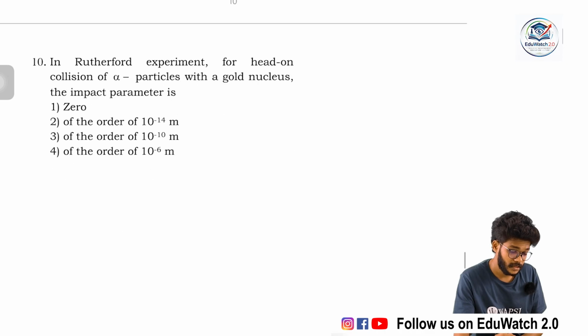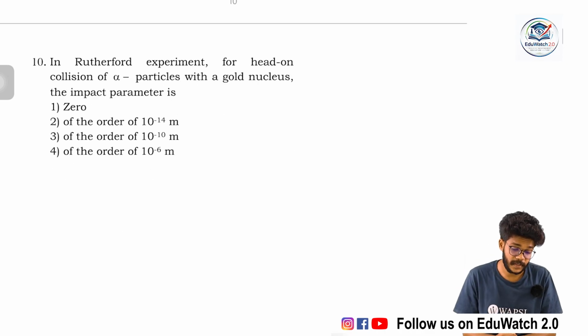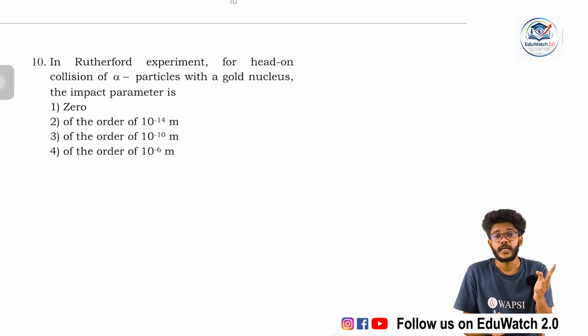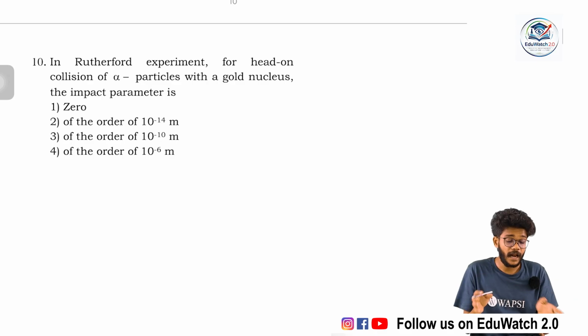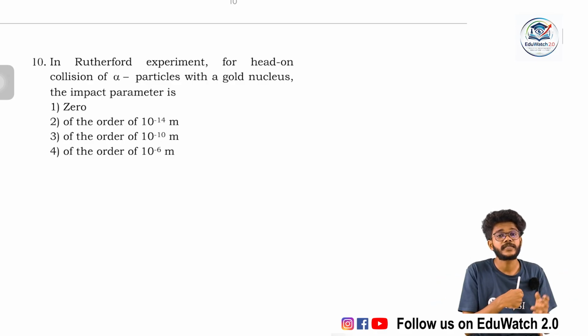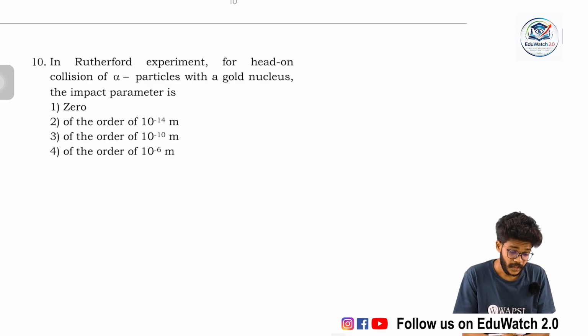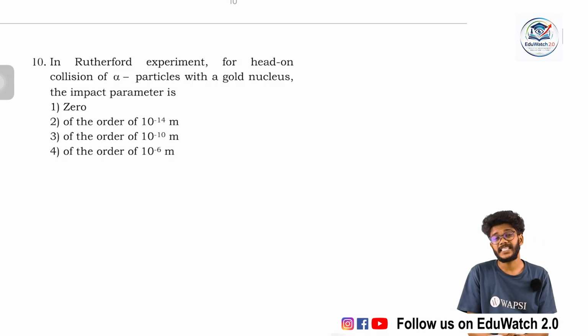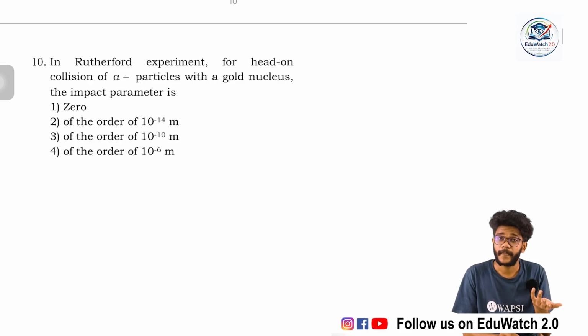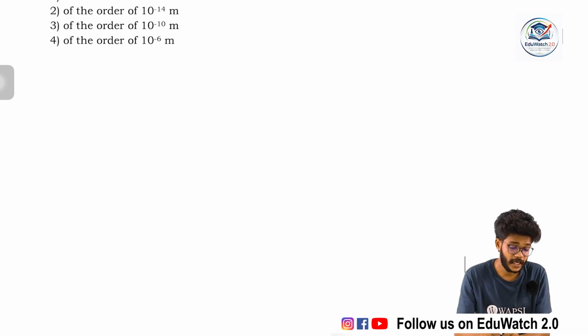Moving to the 10th question. In Rutherford's experiment, for a head-on collision of an alpha particle with a gold nucleus, that means the nucleus of a gold atom, the impact parameter is what? We want to know what the impact parameter is, so I will draw a diagram.